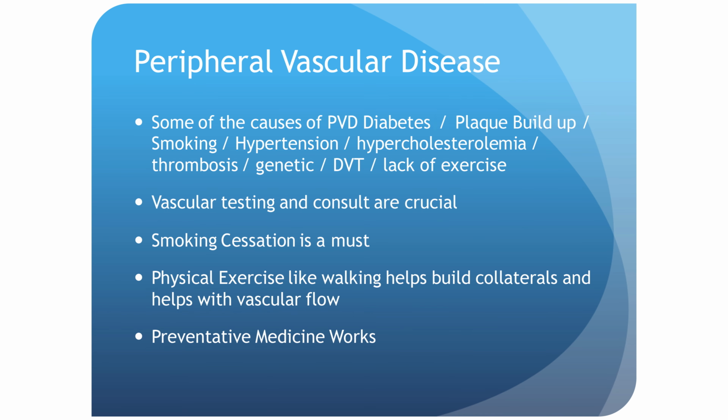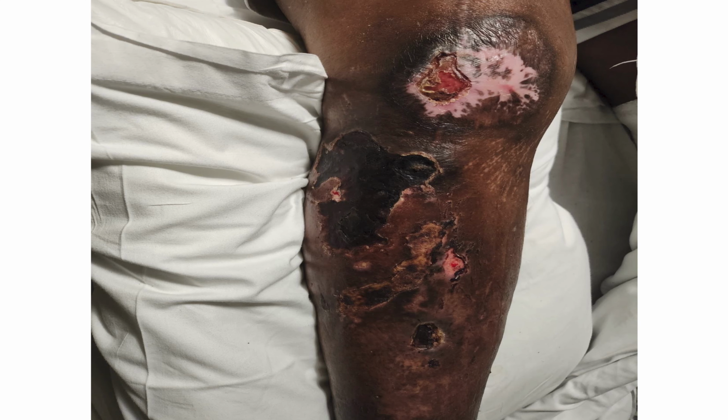Next, I'd like to talk about peripheral vascular disease. In our diabetic patients, peripheral vascular disease is caused by vasoconstriction of the vessels. Also, certain things like smoking, plaque, high cholesterol, hypertension, or things that clot the vessels can cause peripheral vascular disease. It can actually go to gangrene. There are two types of gangrene.